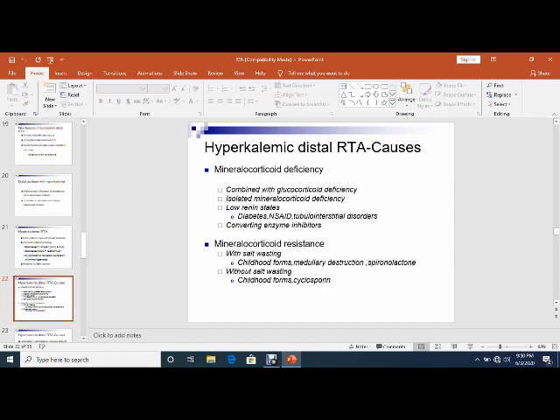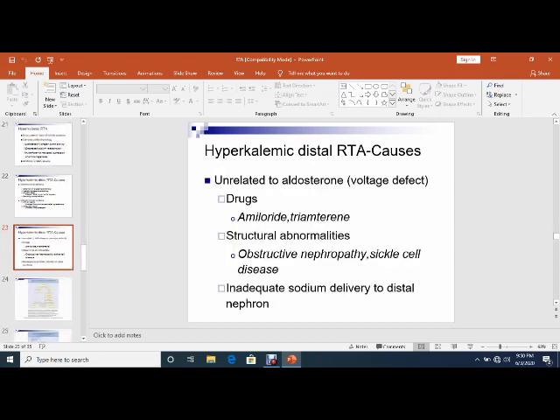Without salt wasting, cyclosporin, a calcineurin inhibitor and immunosuppressive drug, is commonly used in renal transplant or in nephrotic syndrome non-responsive to steroids.